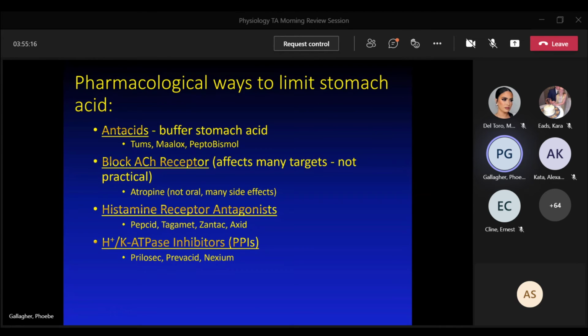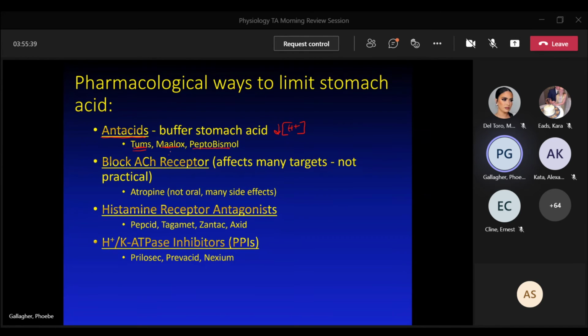Okay. So lastly, you do need to know how you can limit stomach acid. He did underline them. He will ask a question about them. I think I memorized the actual names, but they're very common, so it's really easy to memorize these. So you've got your antacids that are going to buffer your stomach acid and therefore minimize the amount of proton concentration available.